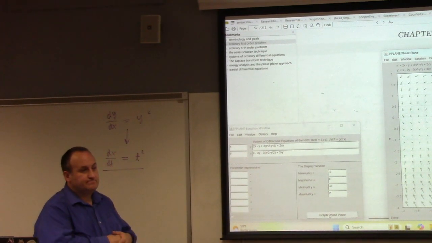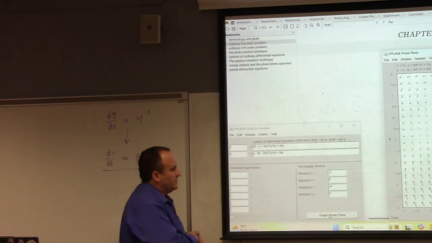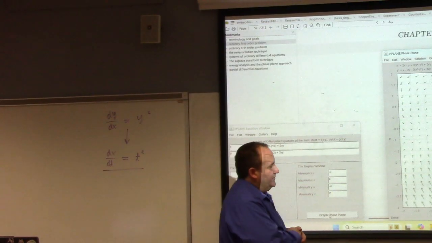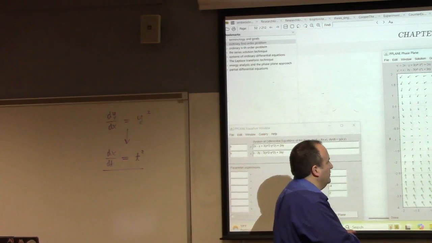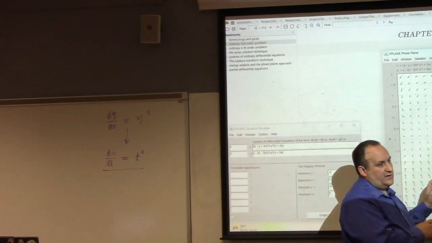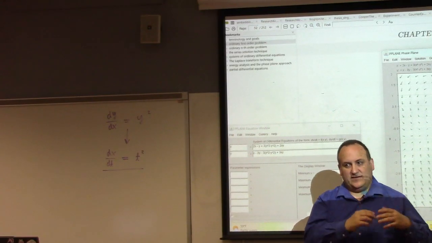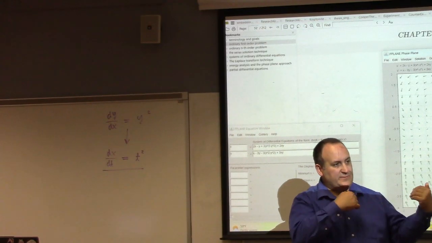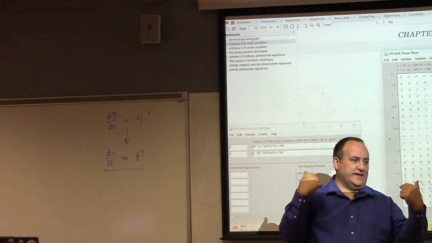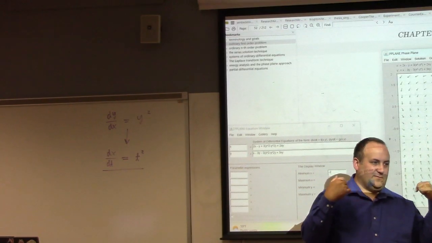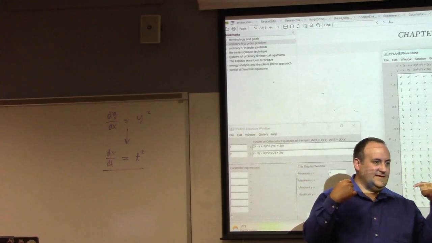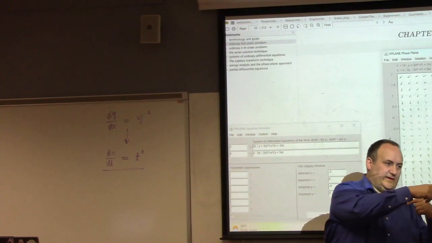Does the size of the arrows have any significance? I don't know. But this one here, you notice, like the previous one, all of the arrows were pointing to the right, because that was an equation of the form dy/dx equals f of x, y. The other one actually uses this, and it just puts dx/dt equal to 1. So all of the arrows are pointing that way.